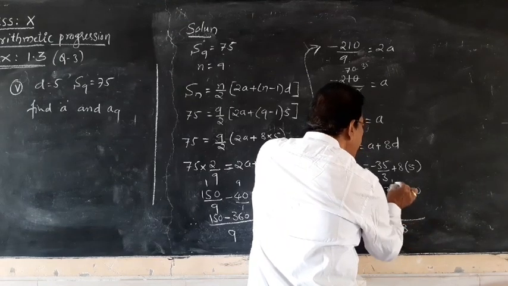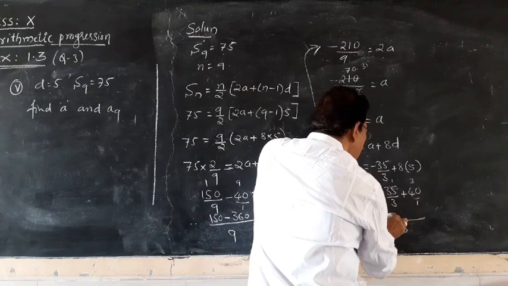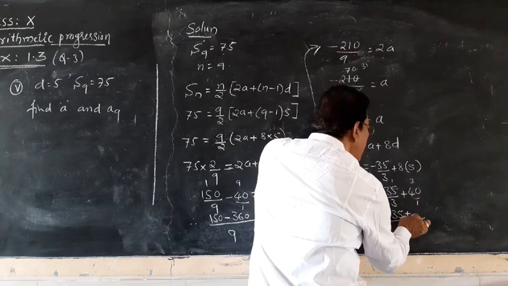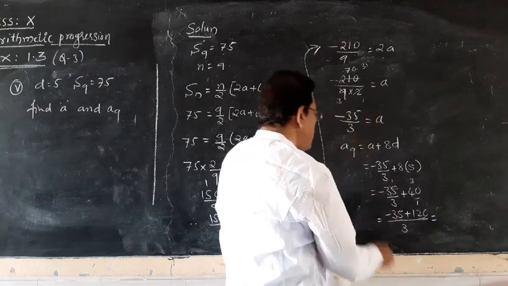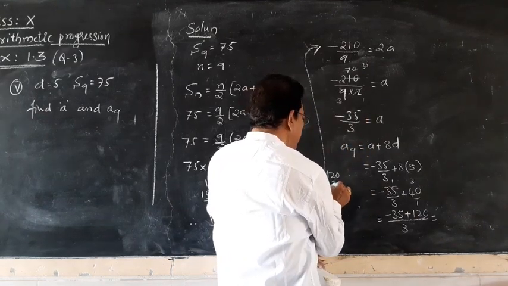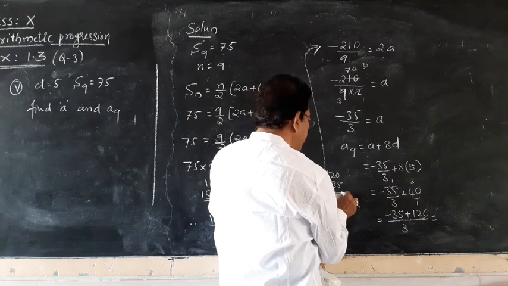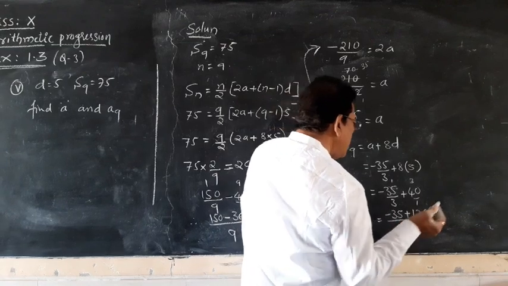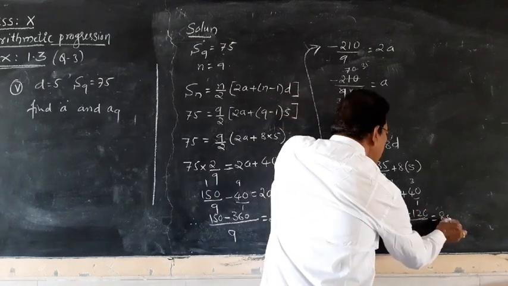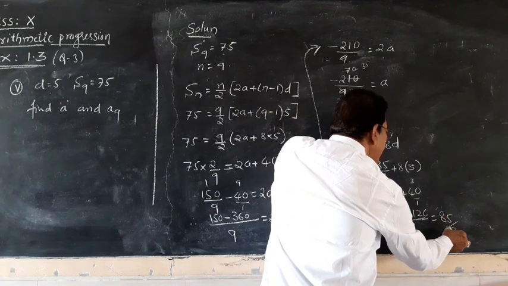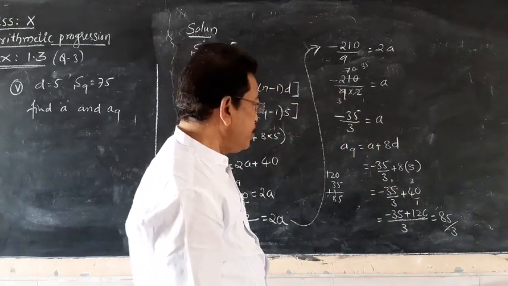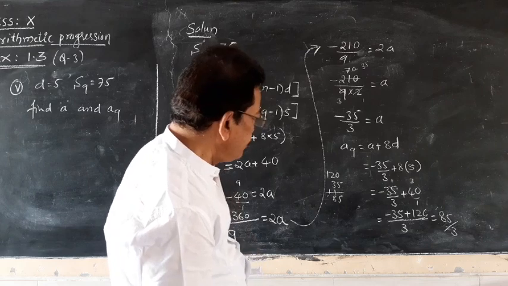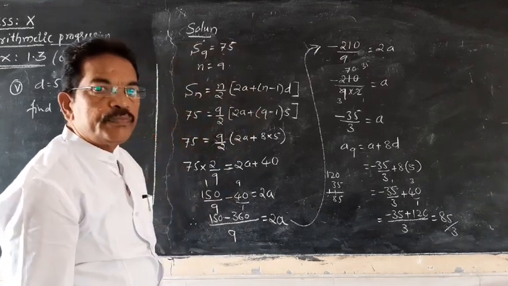Taking LCM 3: minus 35 plus 120, that is 85 by 3. A9 equals 85 by 3. Write down.